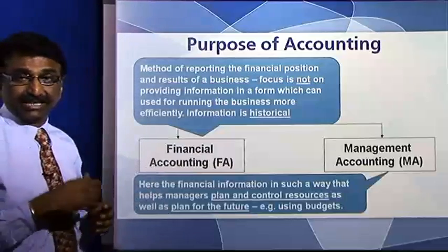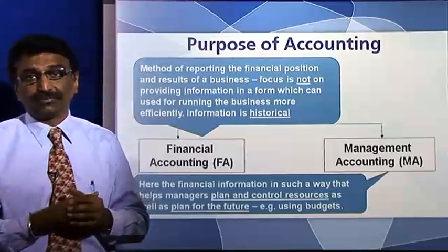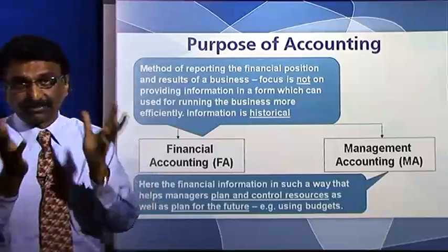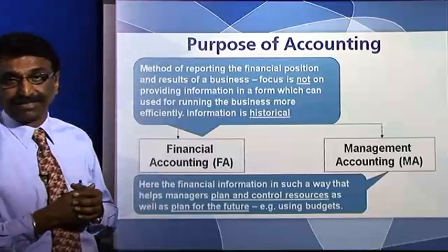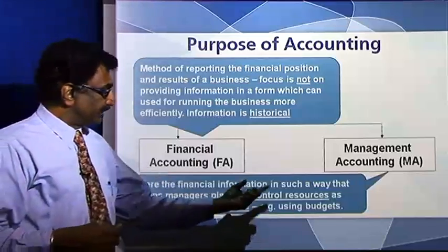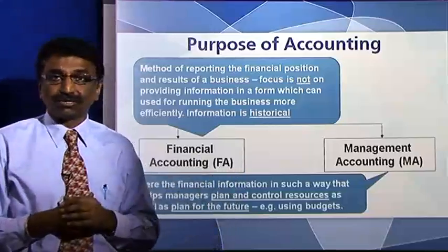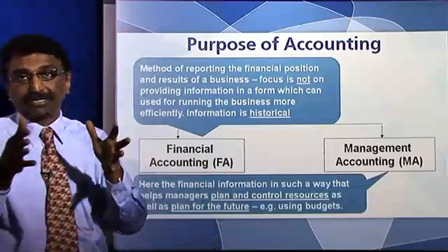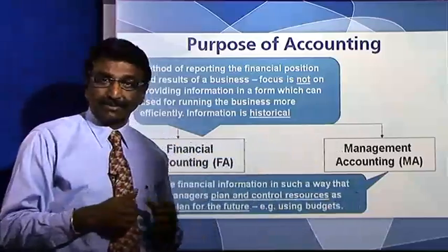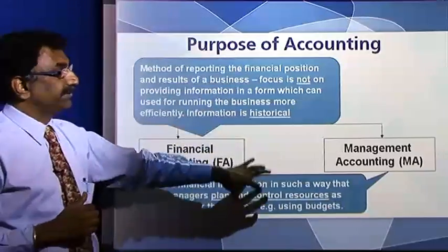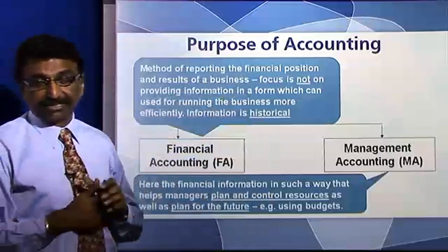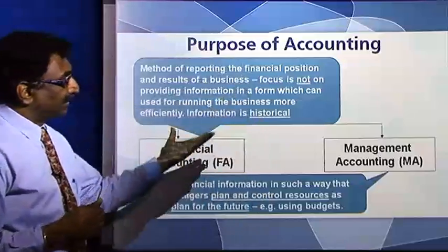It may want to know how much it costs to make a particular product, or how much a particular process costs. That kind of information can be got from the reports prepared under what is known as management accounting.